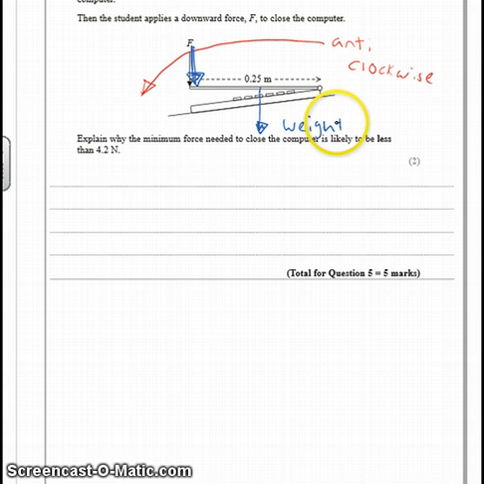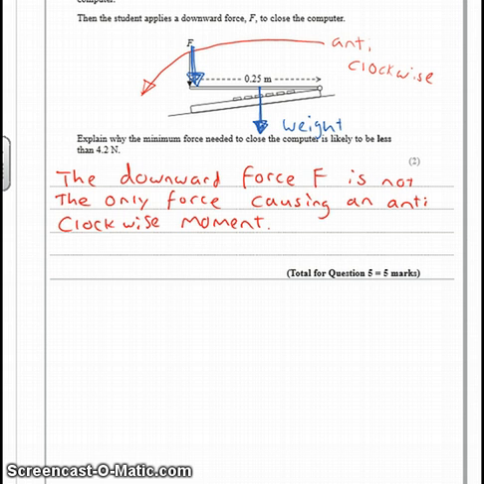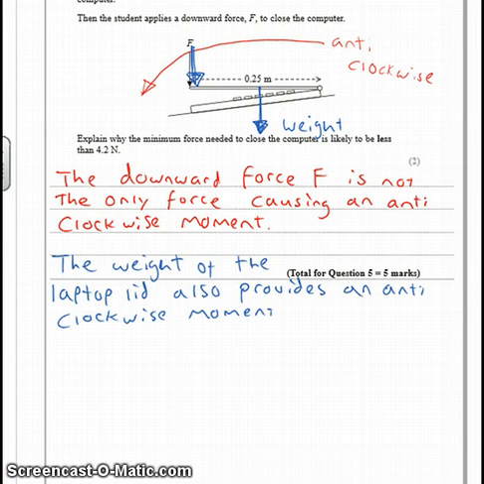We've got the force that we're applying to the edge of the laptop, and we've also got the weight of the laptop. So we don't need to apply as much force, because at the same time we've got the extra moment due to the weight acting in that direction. So the downward force F is not the only force causing an anti-clockwise moment, and the weight of the laptop lid also provides an anti-clockwise moment.